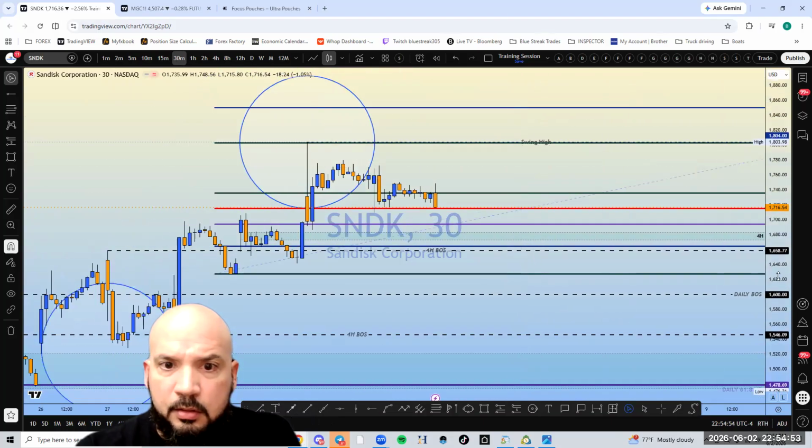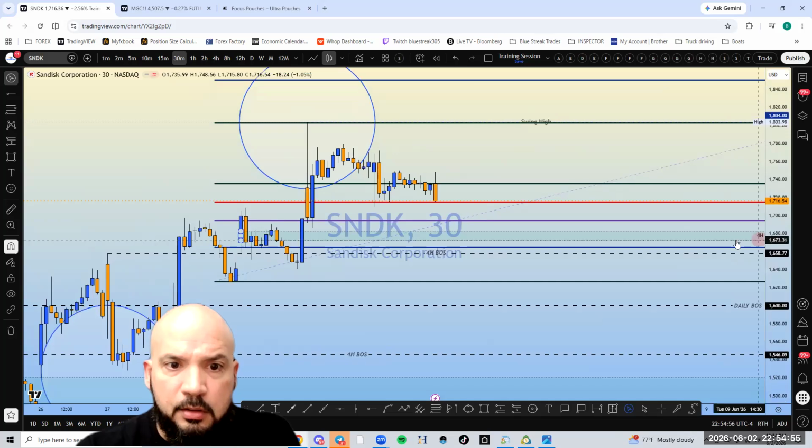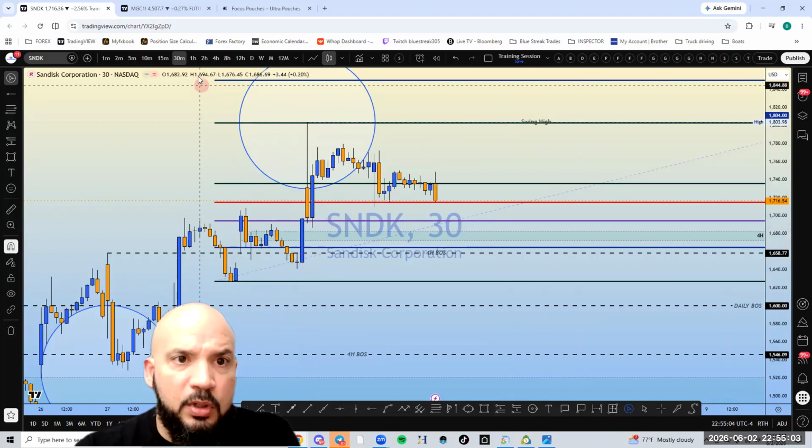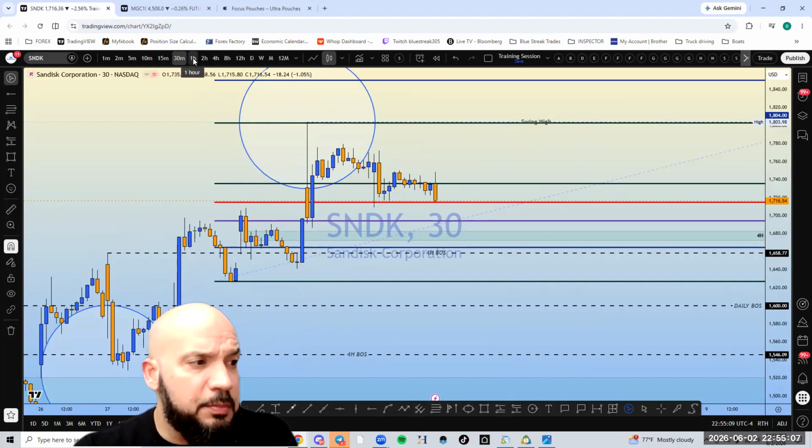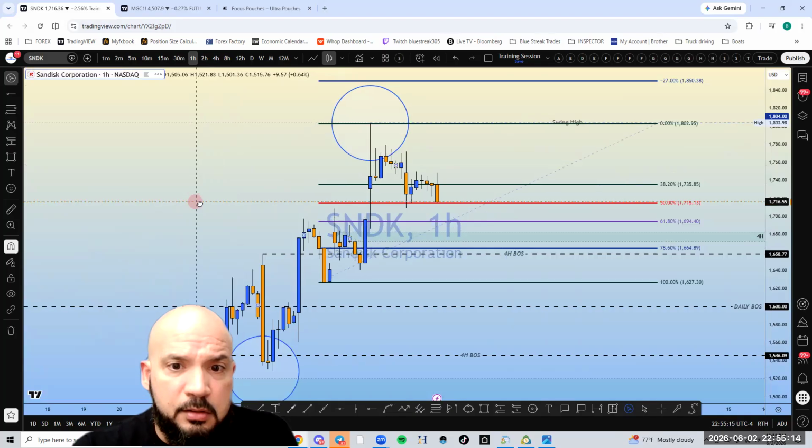All right. This is interesting. I see that it came in and filled this gap, creating this. When I see this here, I want to see what it looks like on the 1 hour time frame. I don't just jump around time frames just because I want to see. It's for correlating reasons, right?